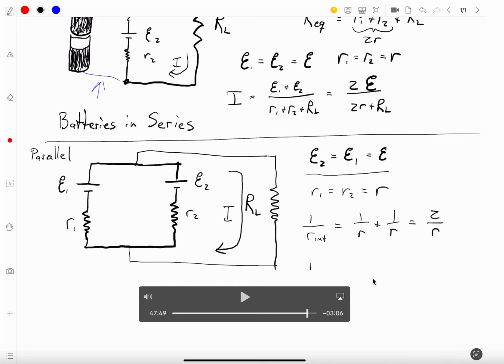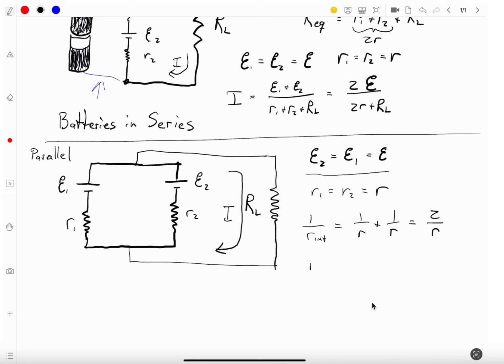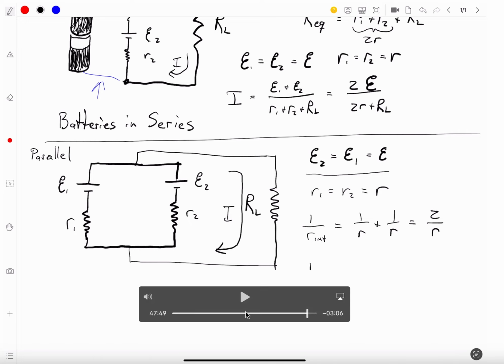And essentially, all you're really doing is doubling up, okay? And do watch that guy's video, because it will show you how you double up the power. You double up your charge delivery. Putting batteries in parallel, there's a definite benefit to it. So you'll want to do that.